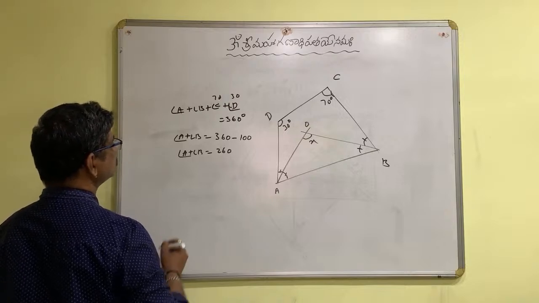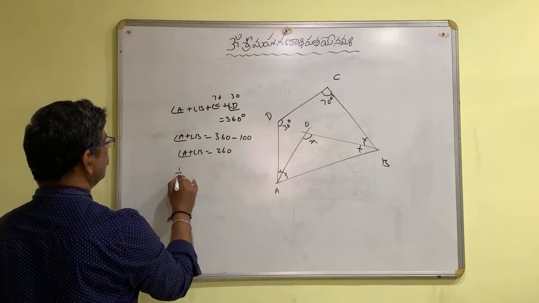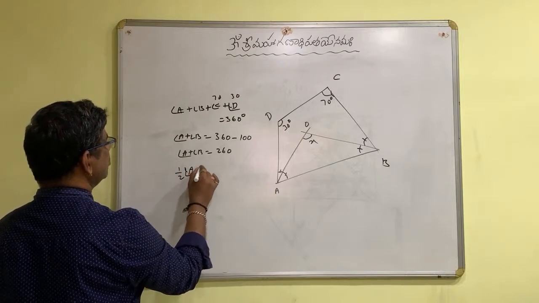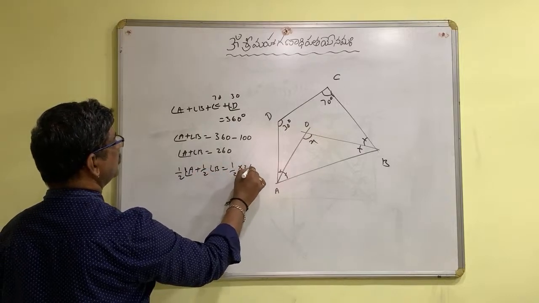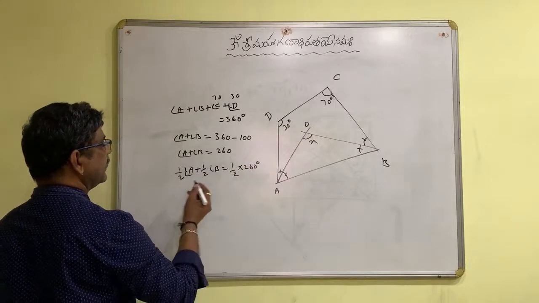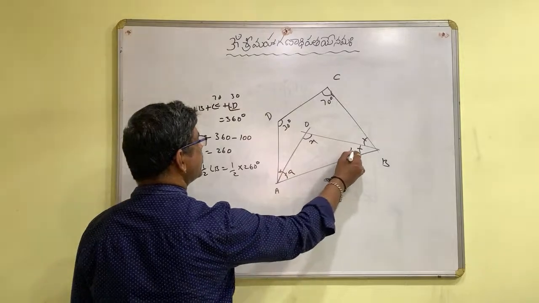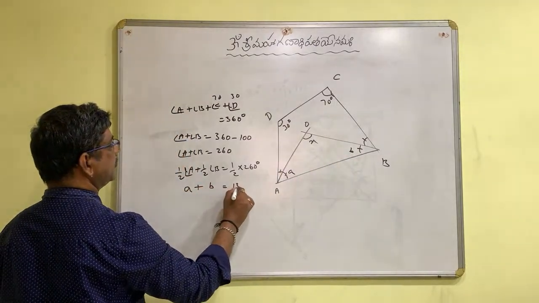Then half angle A I will call it as angle A, half angle B as angle B. So A plus B is 130.